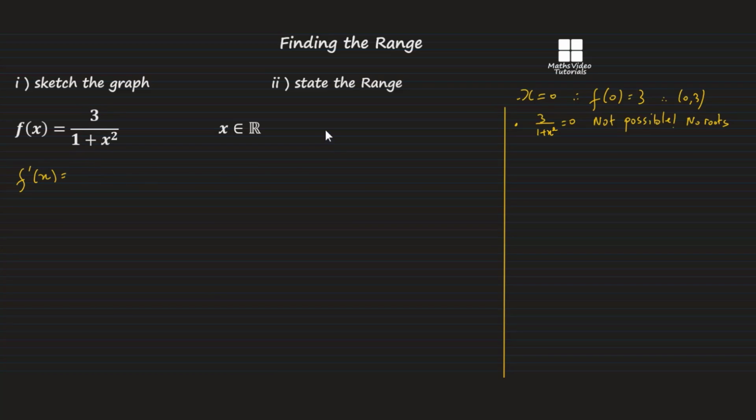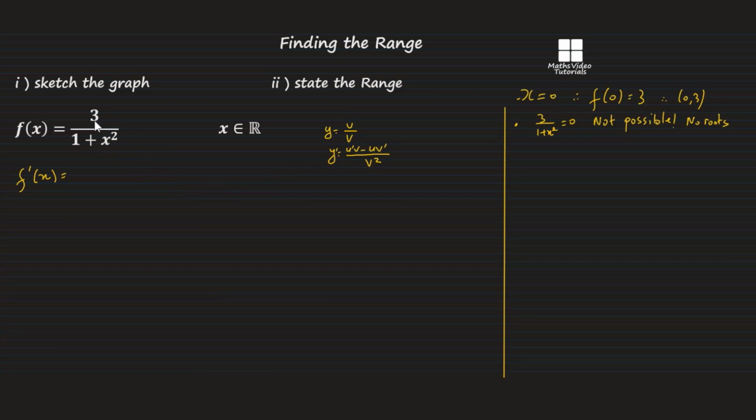If you have in general a function y equals u over v, where u and v are functions of x, then to find y dash, the derivative, we need to do u dash times v minus u times v dash, all divided by v squared. That's the formula for differentiating an algebraic fraction, and we're going to use it here.